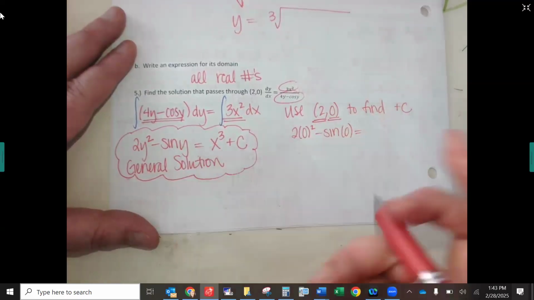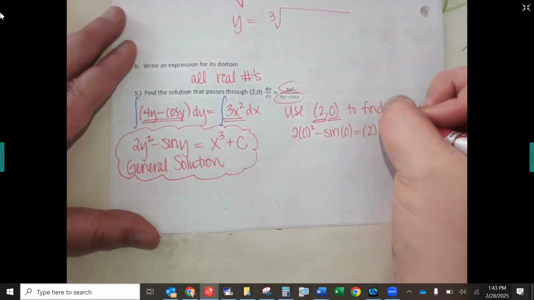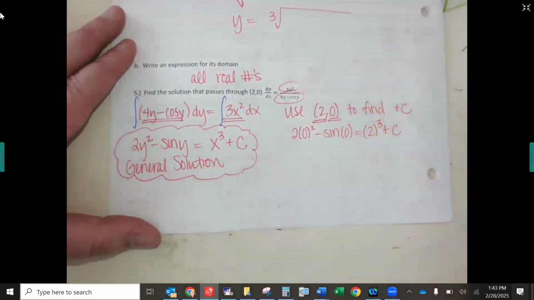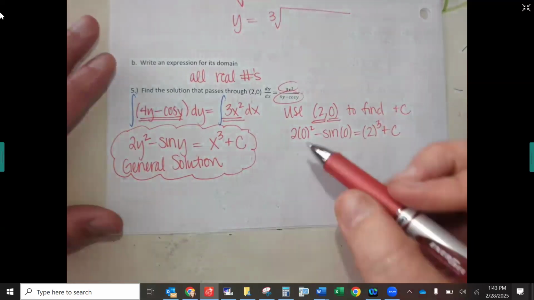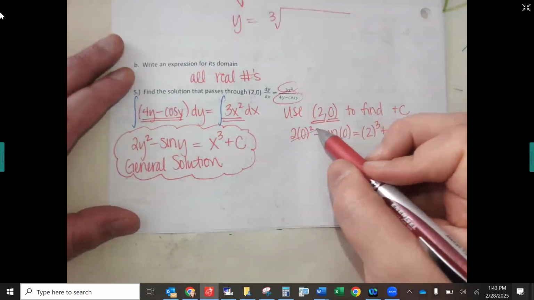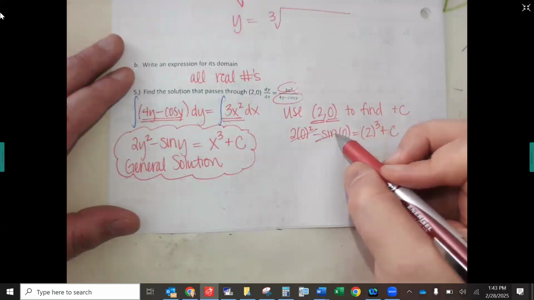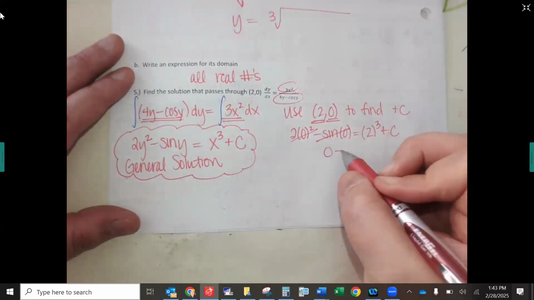And then on the other side, I have an x cubed would be a 2 cubed plus c. 0 squared is 0, what about sine 0? Sine 0 is also 0. So this whole side is 0.